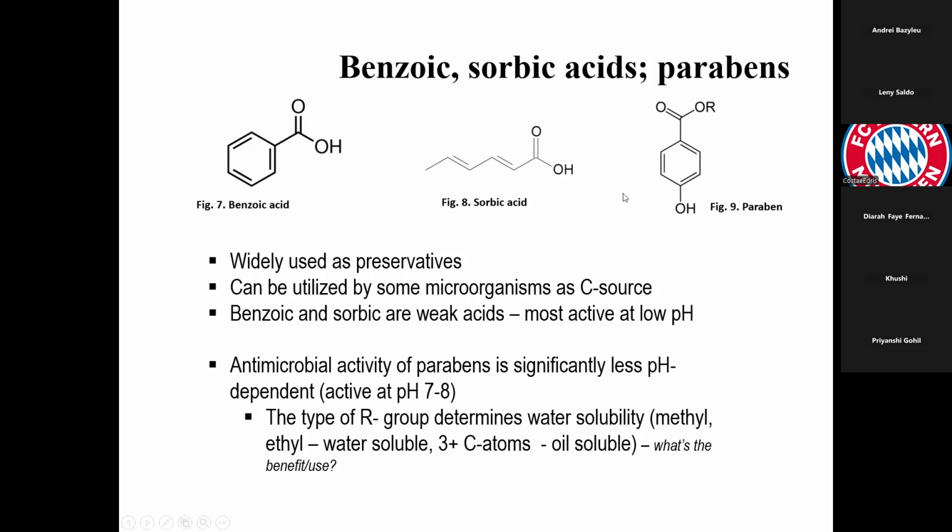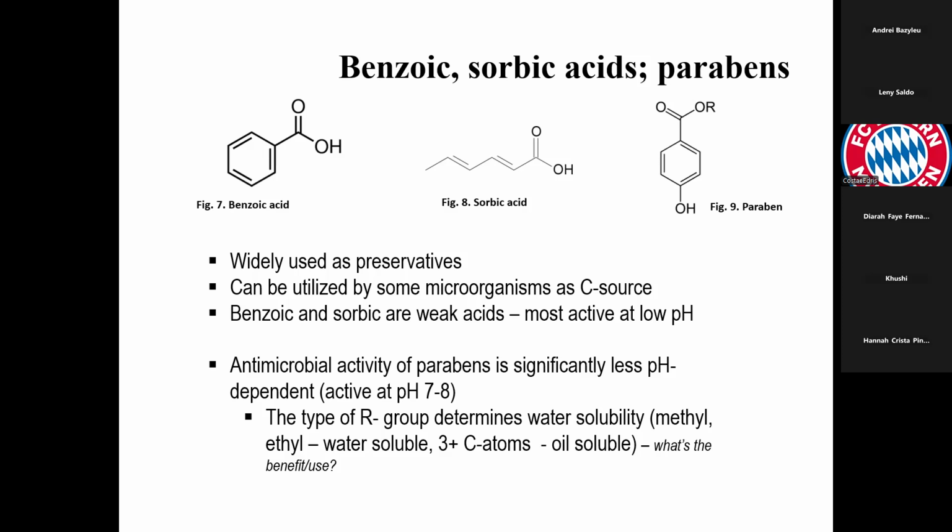So parabens, because of the presence of this side group, offer a very useful property: if you change the number of carbon atoms in this side chain, you can change their water/oil solubility. You should know that from basic chemistry. The fewer carbon atoms you have, the more water soluble the chemical is, and the less oil soluble it is.